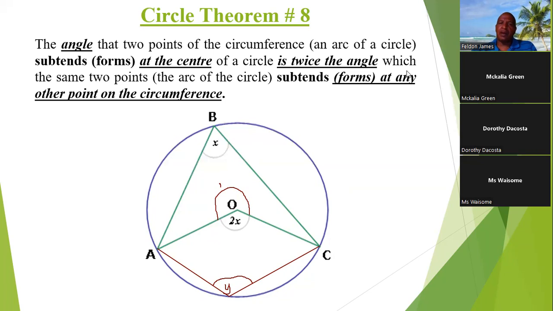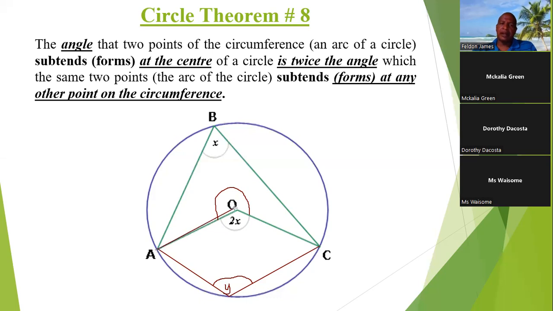I really want you to understand in terms of the theorem that if the angle that you form is at the circumference, right? If you look at this entire shape here, because I want you to get this.